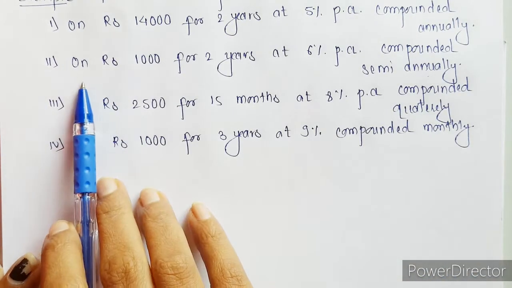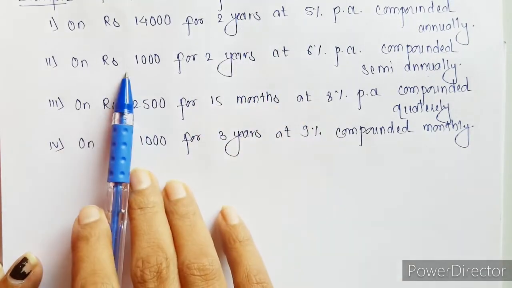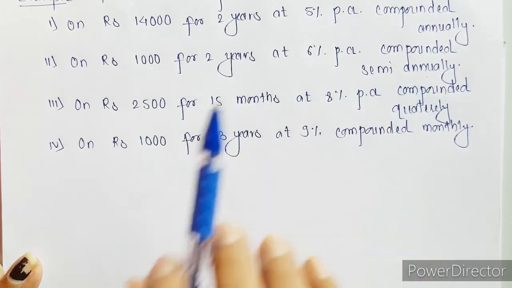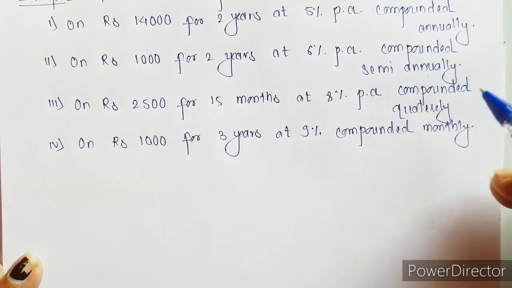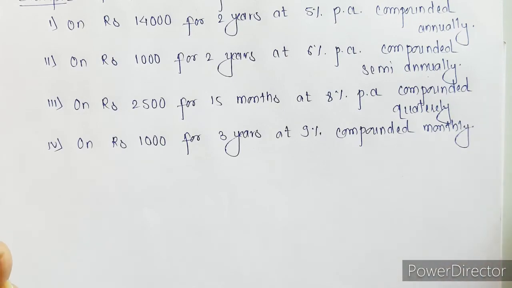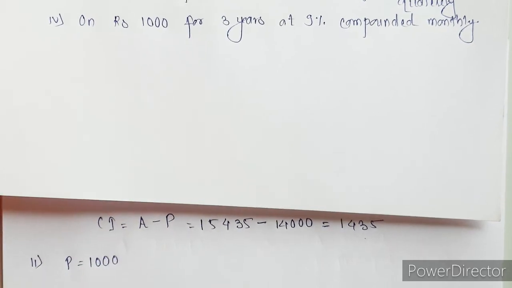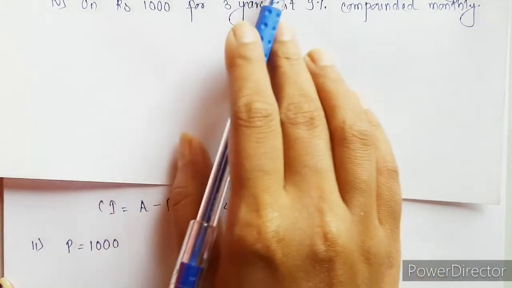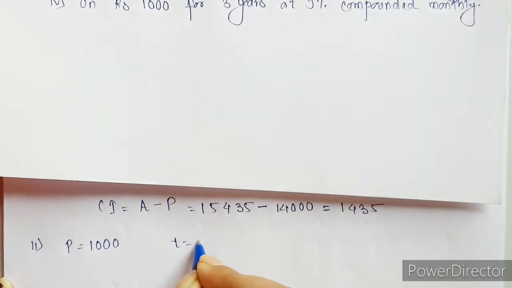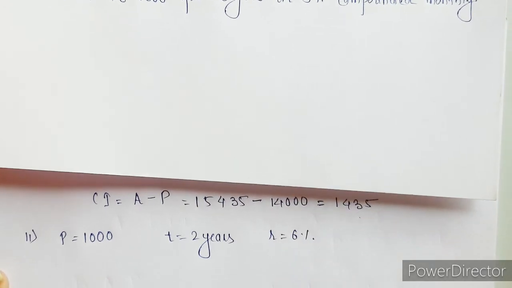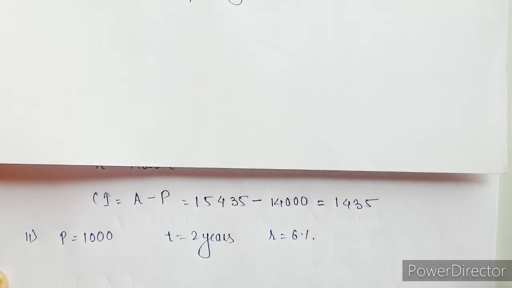Now the second one: find the compound interest on rupees 1,000 for 2 years at 6% per annum compounded semi-annually. This is compounded twice in a year, after every 6 months. We are investing 1,000 rupees for 2 years at a rate of interest of 6%, compounded semi-annually.